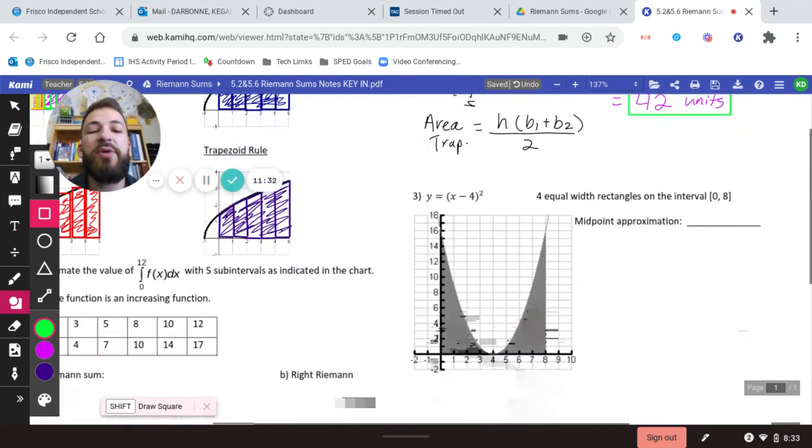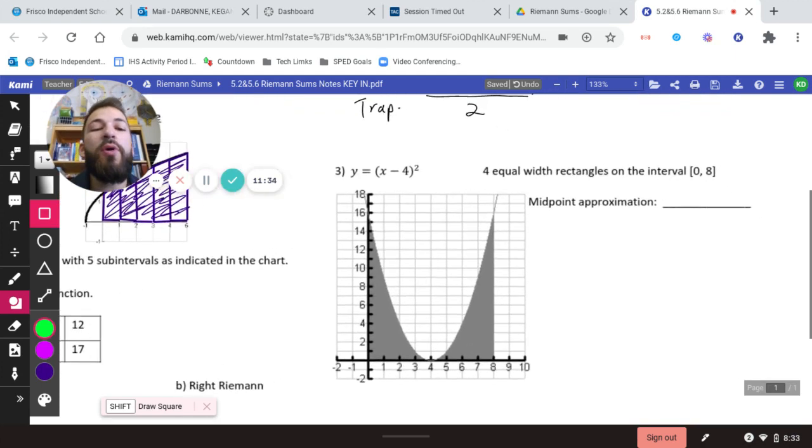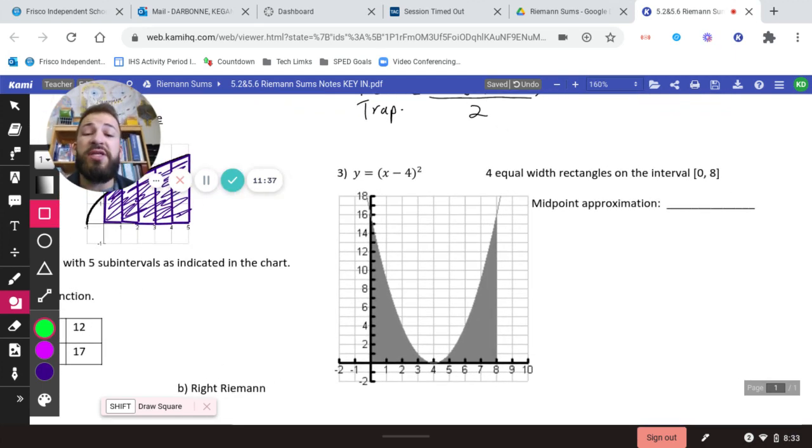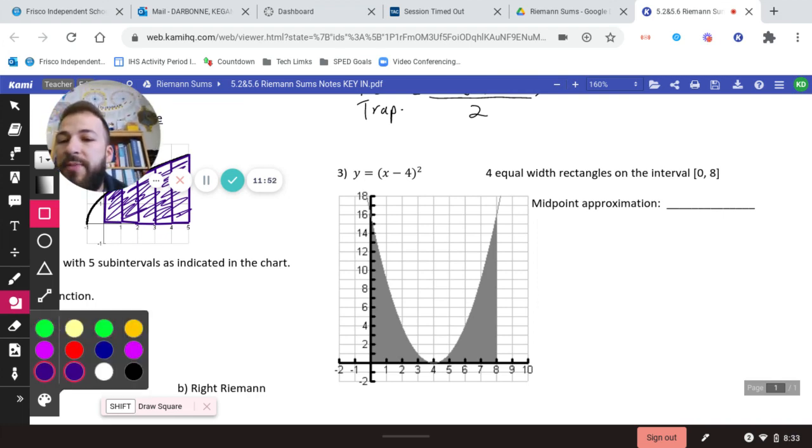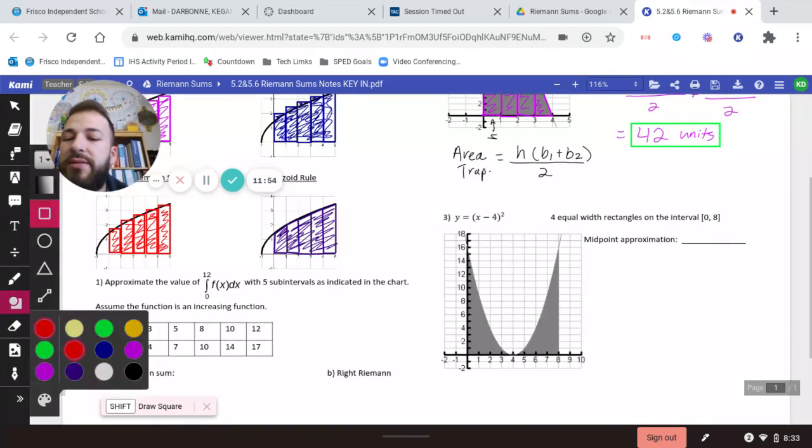Hey, let's look at number 3. So number 3, we want 4 equal width rectangles on the interval 0 to 8. So this time we got a larger interval, still 4 equal width rectangles. We're doing a midpoint approximation, so we want the middle of the rectangle to sit. And since we have 8 in total distance, 4 equal ones would be widths of 2. So I'm going to come in here with my midpoint.